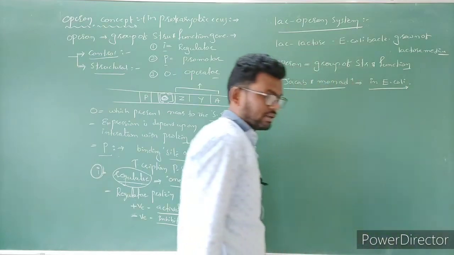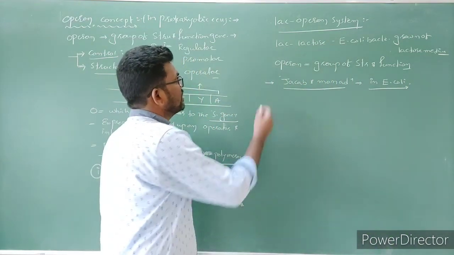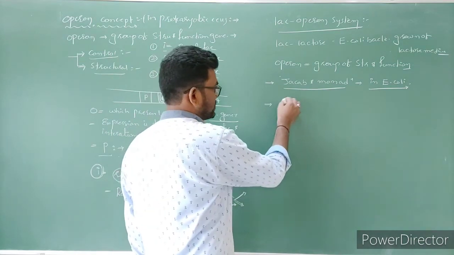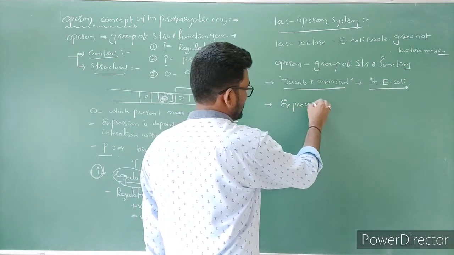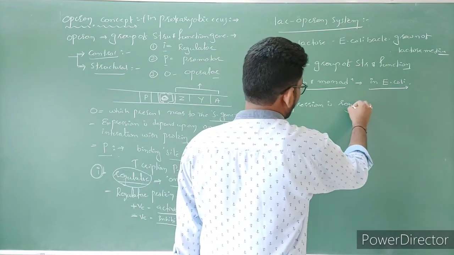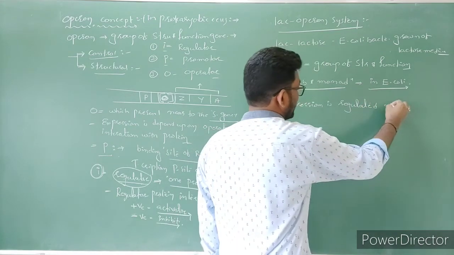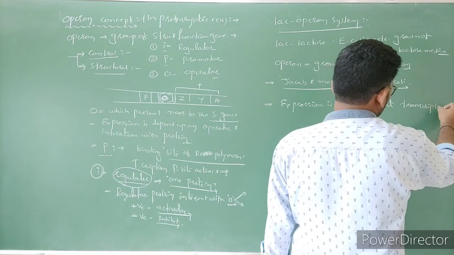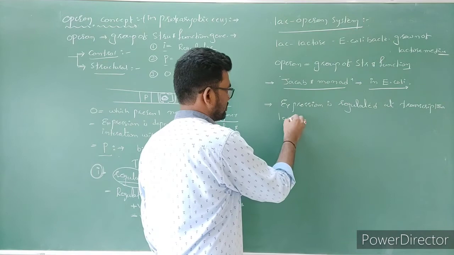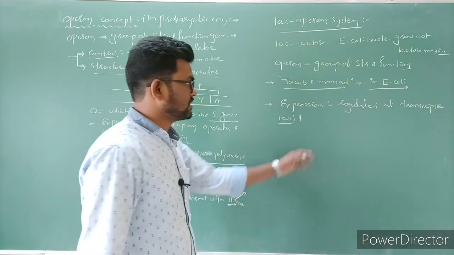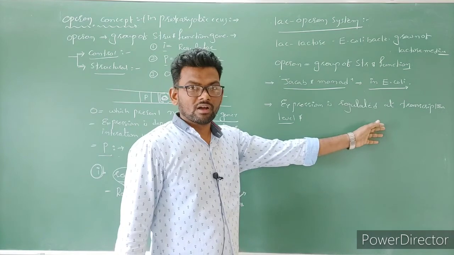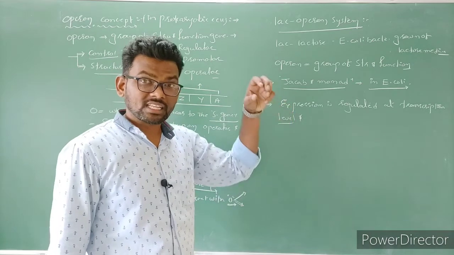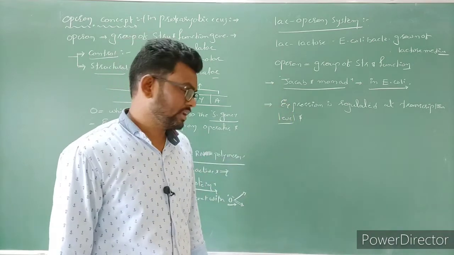The gene expression is regulated at the transcription level, at the initiation of transcription, where RNA polymerase enzyme binds with the promoter site. At that level, the gene expression is regulated.